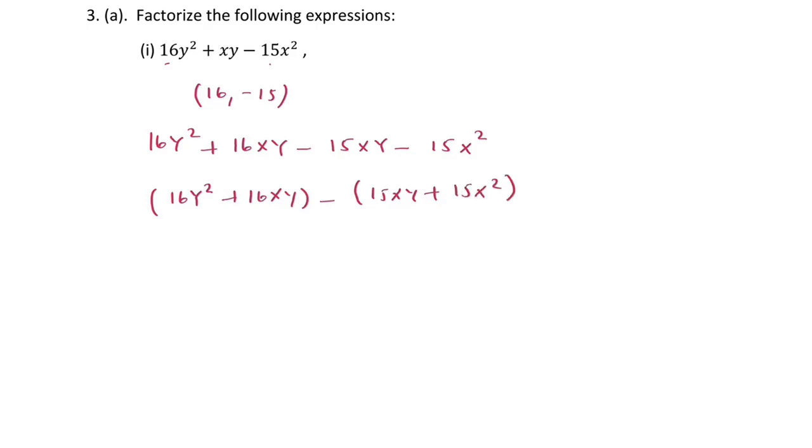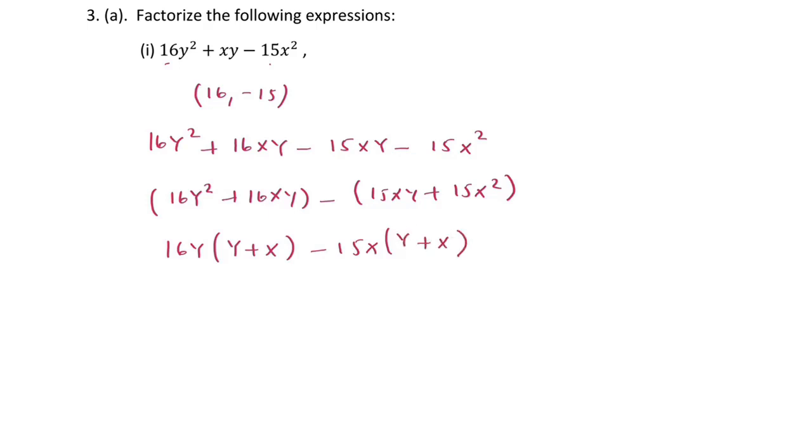Okay, so next let us factor out the common terms from each expression. Then we are having 16y in brackets y plus x minus 15x in brackets y plus x.